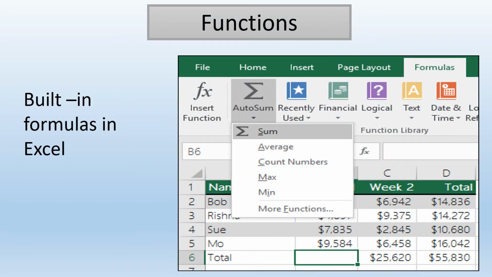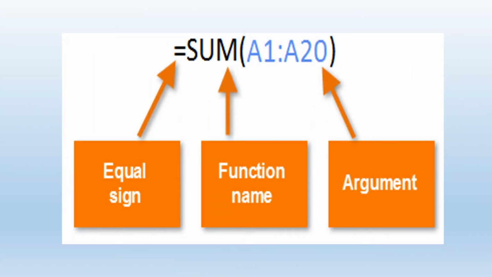Now I told you that the built-in formulas in Excel, we call functions. So we can go to functions using the formula. This is a simple function. It says equal SUM within brackets A1 colon A20. Simply the equal sign, after that the function name, then the argument.